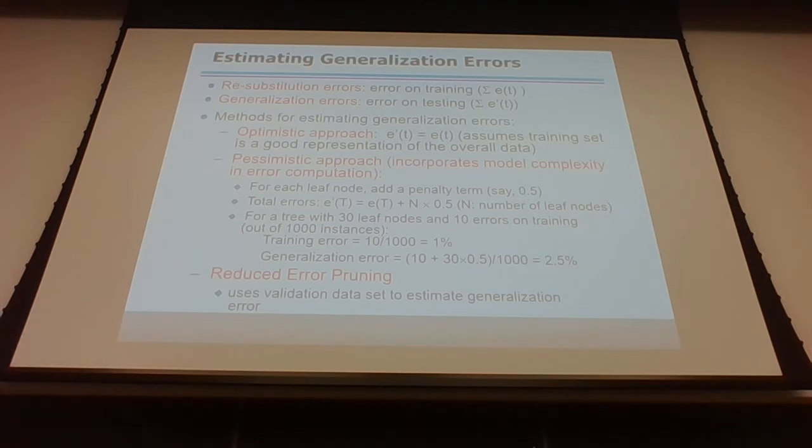Particularly for decision trees, this does not apply to other machines, you can take the number of leaf nodes and multiply with a weight. Here they have said 0.5 is the weight. You add a penalty term for each leaf node in the decision tree. That encodes the model complexity. So the pessimistic approach error is your training error plus n times some penalty, where n is the total number of leaf nodes.